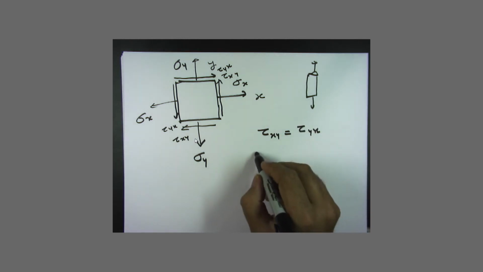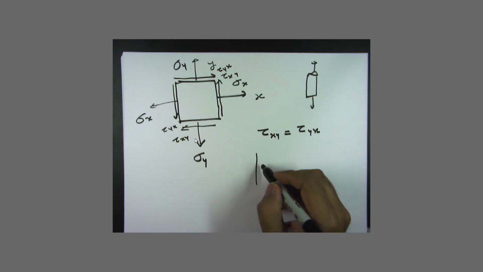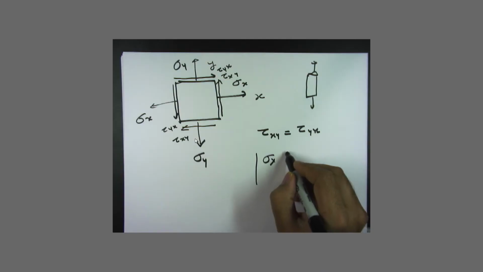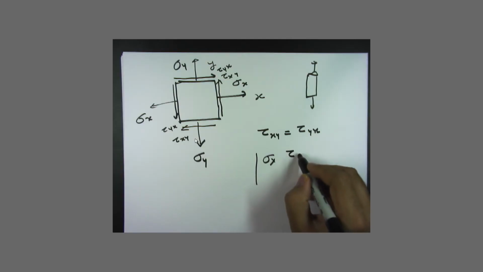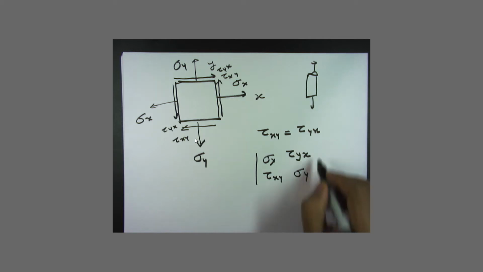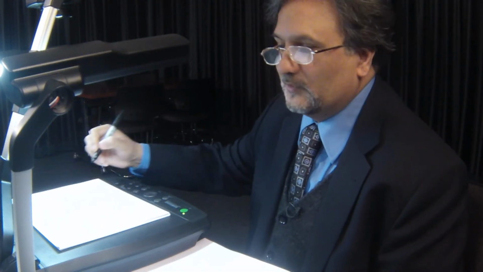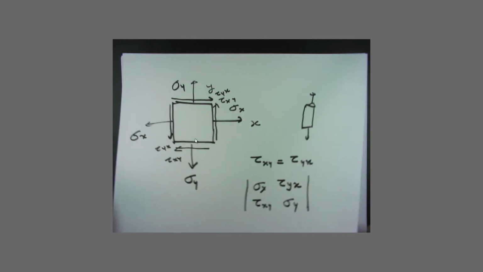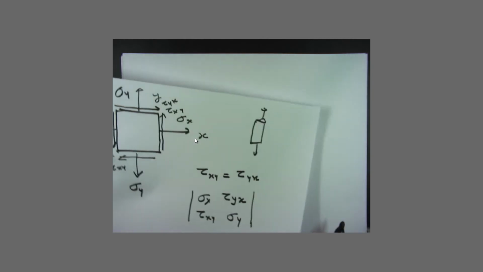So, if I have to create the stress tensor here, you have sigma x, and tau y x, and here you have tau x y and sigma y. So, now you understand how this tensor is being generated in 2 dimensions. Now we are going to extend this same model into 3 dimensions and then create a 3-dimensional tensor.